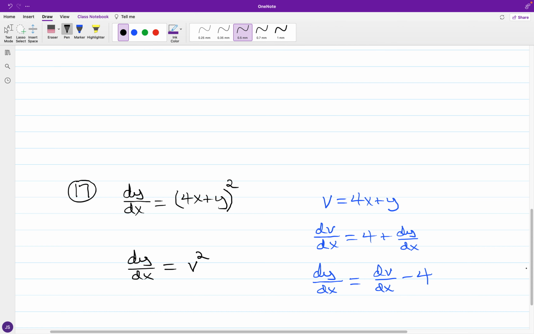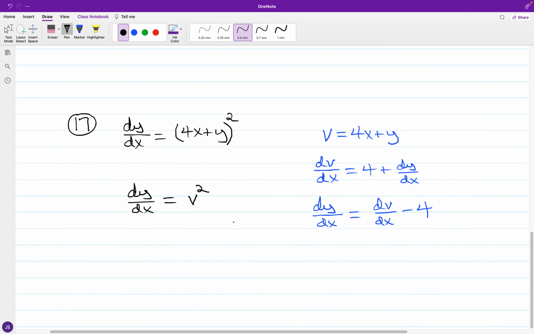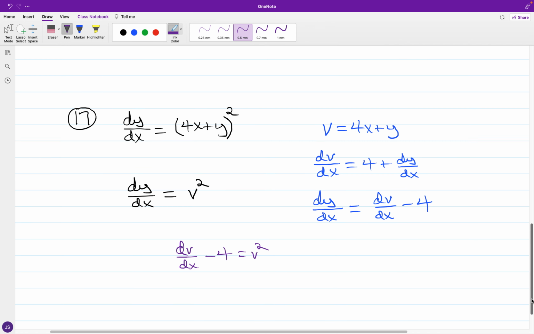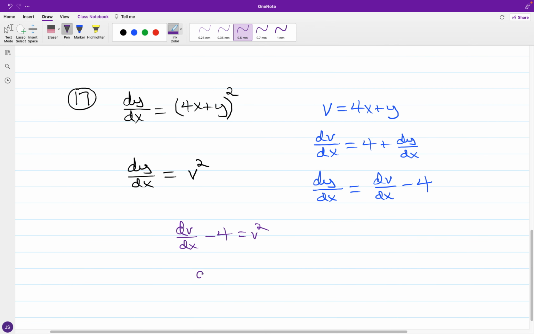With both statements representing dy over dx, we can set up an equality statement where dv over dx minus 4 is equal to v squared, and getting the derivative by itself, for dv over dx we have 4 plus v squared.